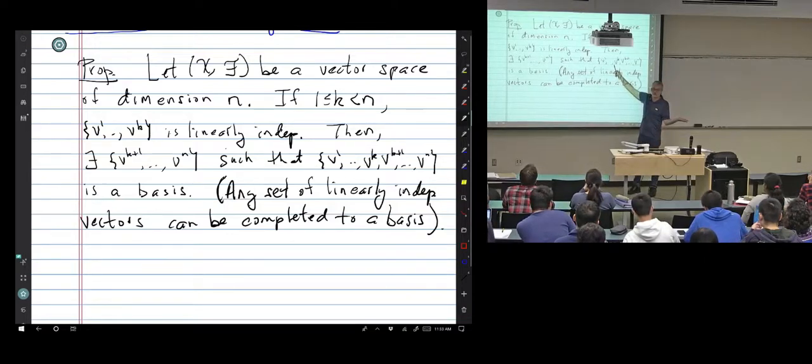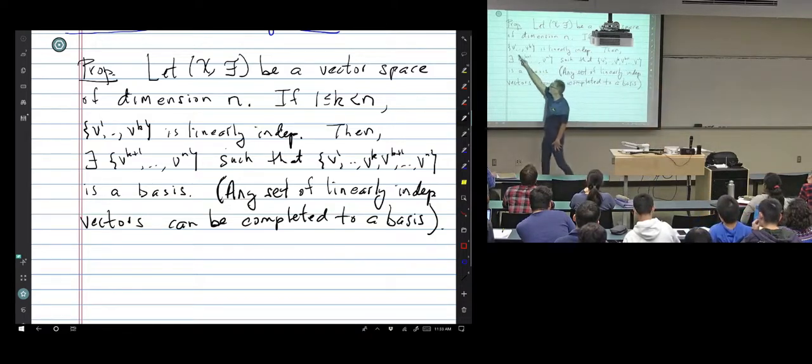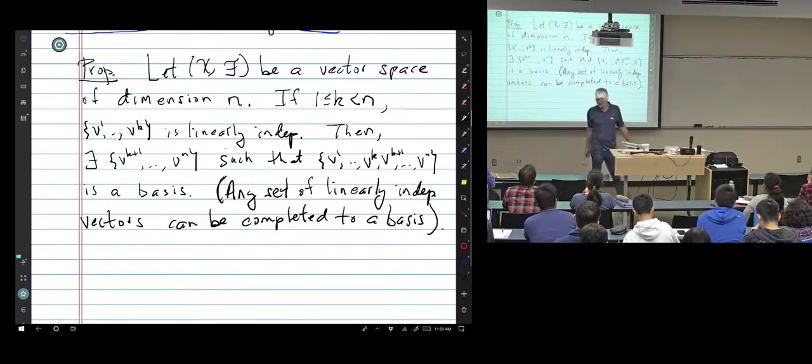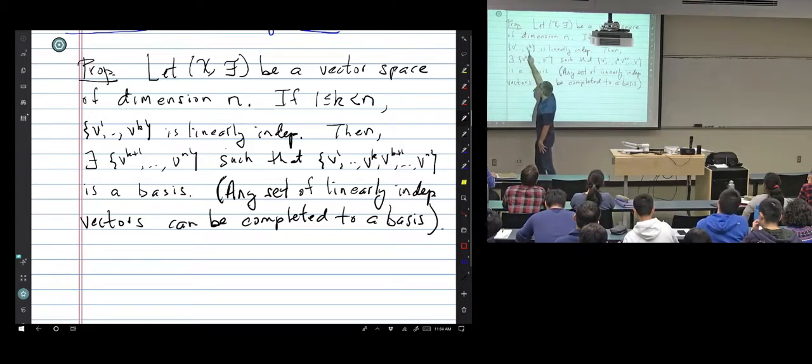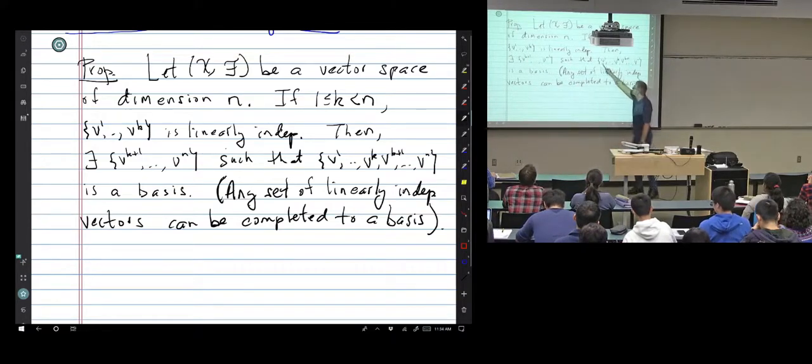Who says that that's true? That's not a property of just a basis existing, that it has to include the ones I like, okay? Maybe it only includes the ones you like, not the ones I like, okay? So this says, if I work really hard to make a really useful set of vectors and they're linearly independent, I can build a basis that includes those vectors in it.